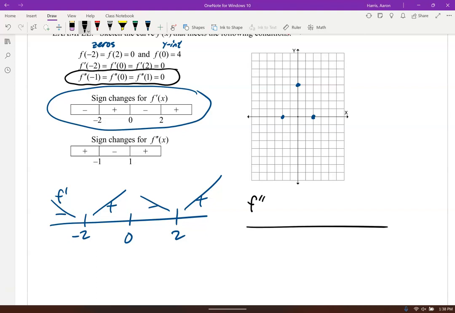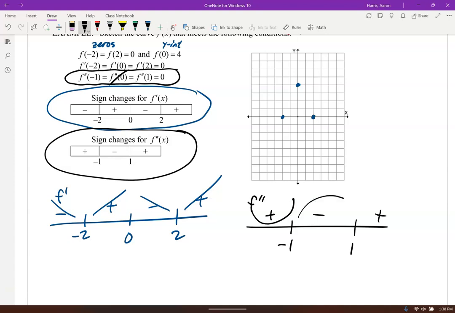So here's the second derivative: f double prime of negative 1 equals 0, and f double prime of 1 equals 0. So then the sign changed down below for f double prime. So I know it's concave up, concave down, and then I know it's concave up.